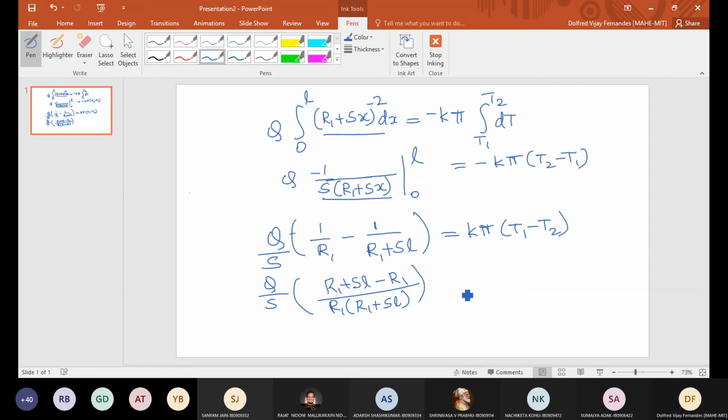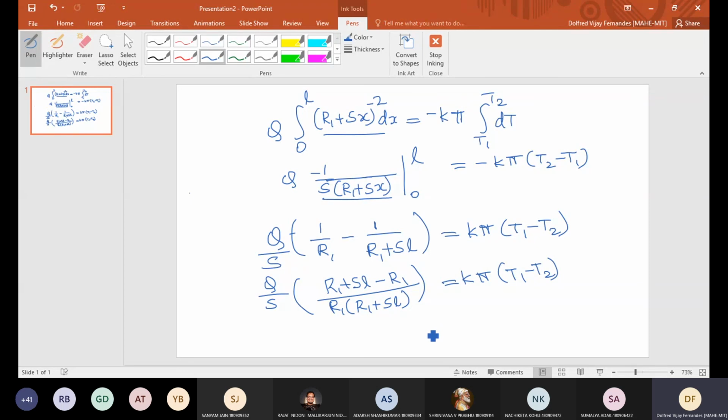R1 will cancel out, and you get Q equal to the expression times (T1 minus T2). You can simply substitute for R1 and SL, and you will get the Q value.